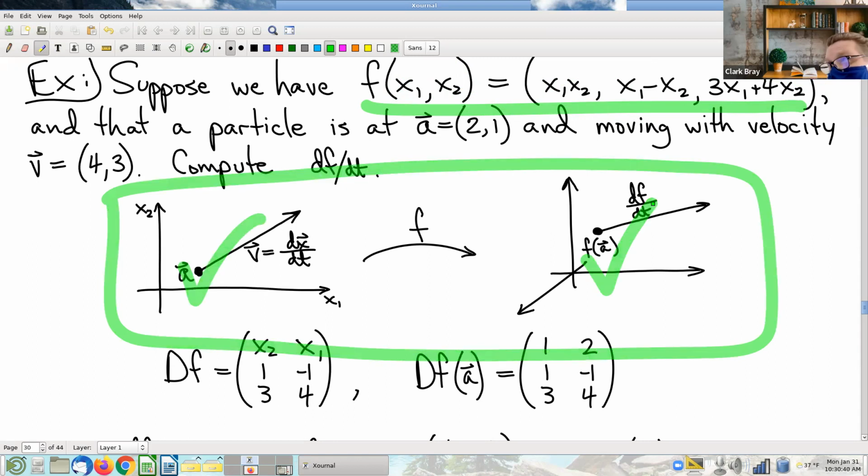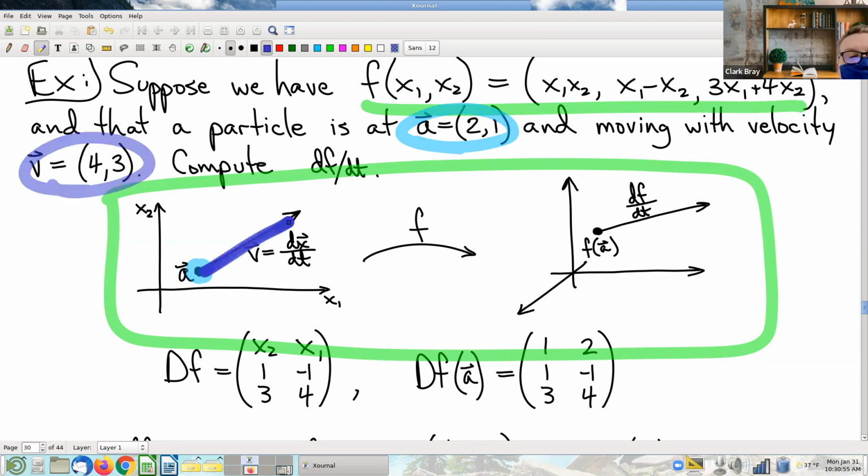This is what I like to call the literal picture of the function. In the domain, I'm at this point (2, 1) and moving with velocity (4, 3). The question is to compute the corresponding output velocity.